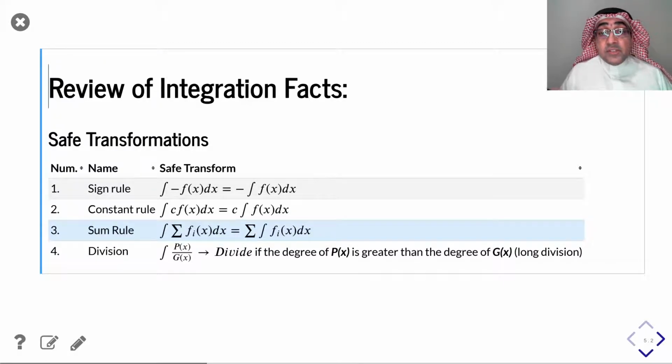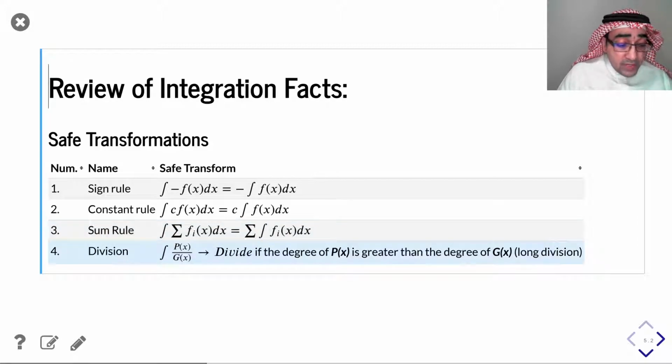Basically, you can take the integration inside the summation, and that's what we did a few seconds ago with the slide where I typed x squared plus 3x plus 1, and we divided it into 3. This is a safe transform that you can always apply without any problem in any integration problem.